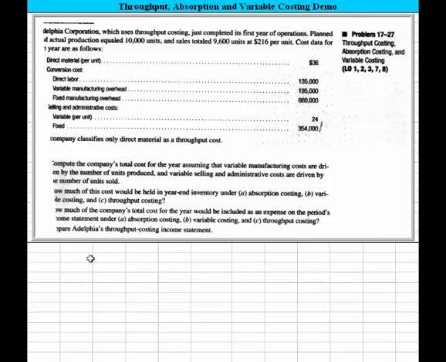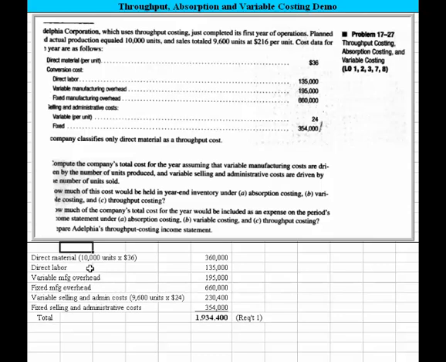Part two says how much of this cost would be held in year-end inventory under the three costing methods. So let's take a look at that one now. I think I want to slide back up and pull the labels so we don't have to type a whole lot of this again.